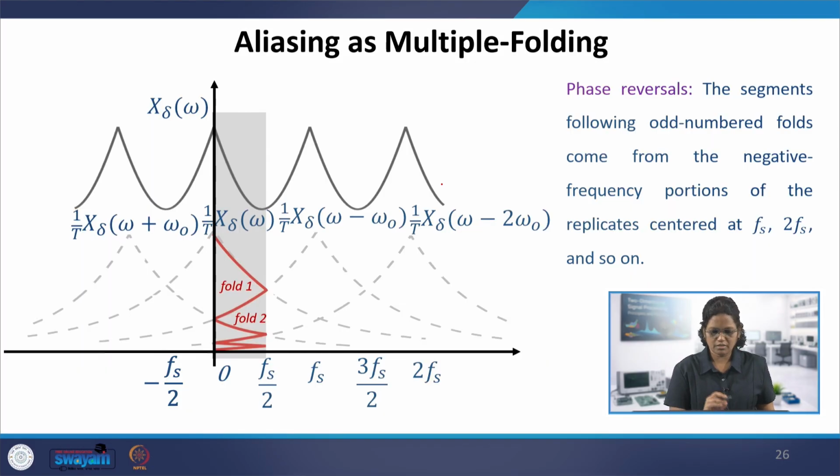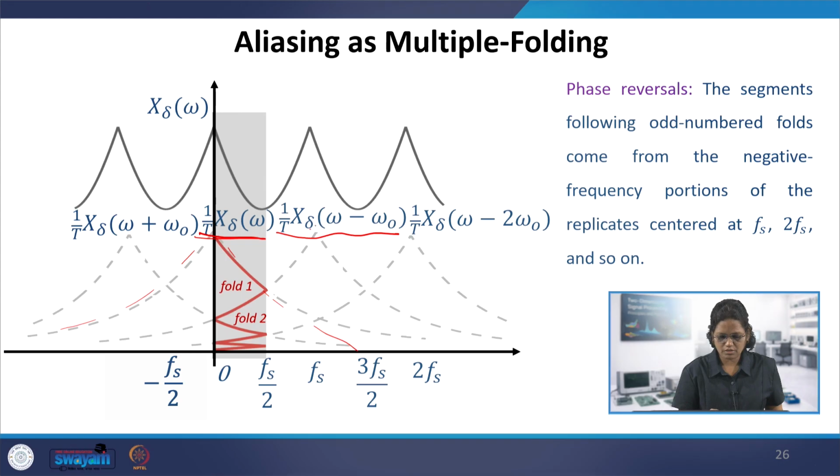Supposing we take X delta of omega, which is a repeated spectrum, from 0 to plus infinity and minus infinity, in both directions, the repeated portion would continue. This is the base one, 1 by T X delta of omega, and the next one is 1 by T X delta of omega minus omega naught, and this is minus 2 omega naught, similarly omega plus omega naught, and so on.